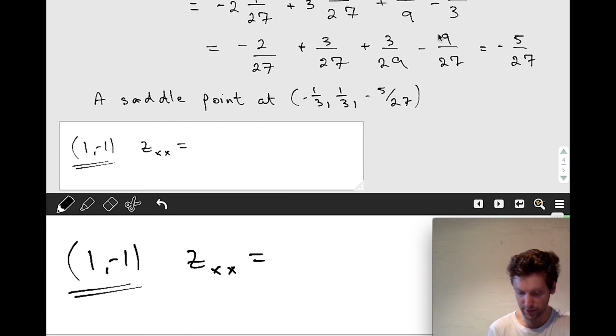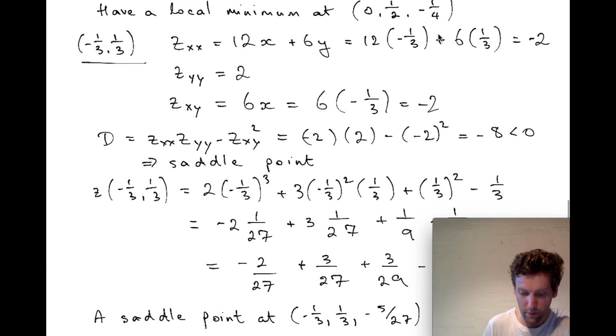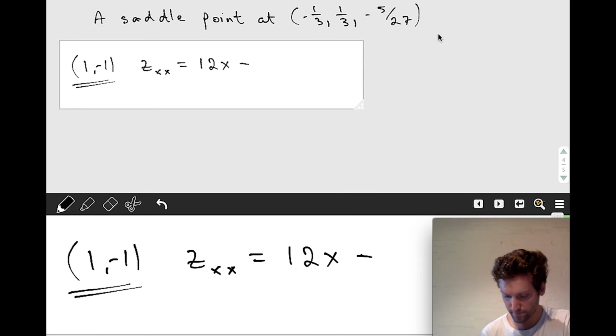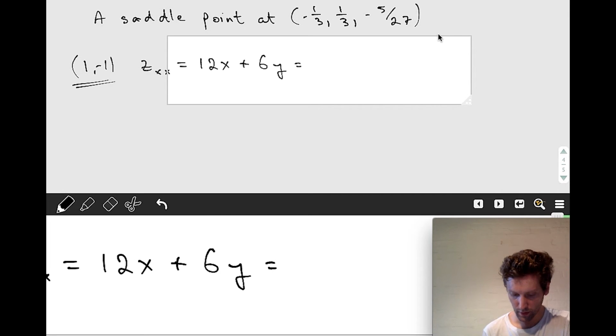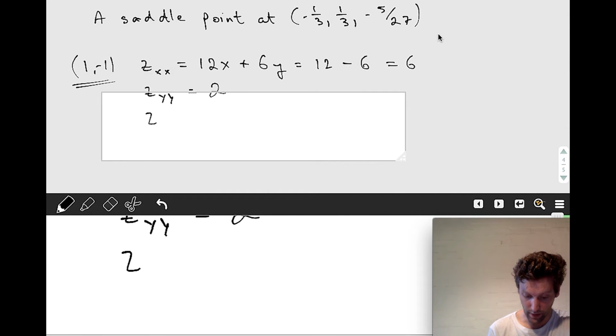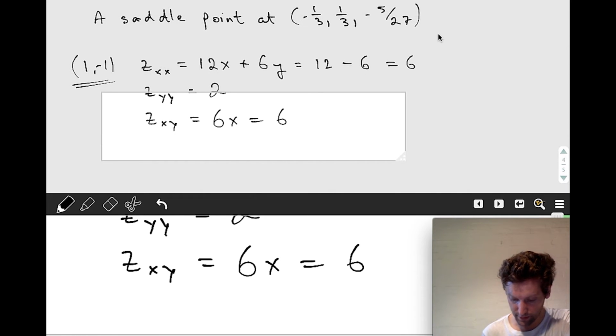So zxx was 12x plus 6y, which is equal to 12 times 1 plus 6 times minus 1, which is equal to 6. zyy was just equal to 2. And zxy is equal to 6 times x. So that's equal to 6.